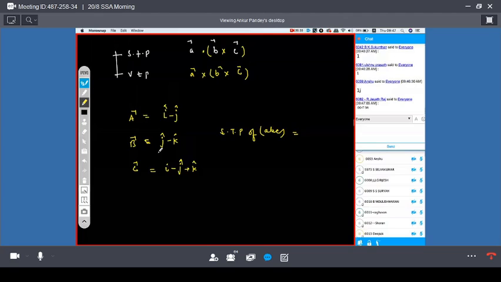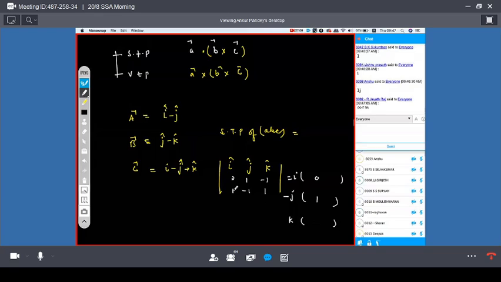First thing is B cross C. This is B, this is C. Okay, so you will be like i, j, k; 0, 1, minus 1; 1, minus 1, 1. i will be 1 minus 1, 0. j will be 0 minus of minus 1, which is plus 1, with minus j.